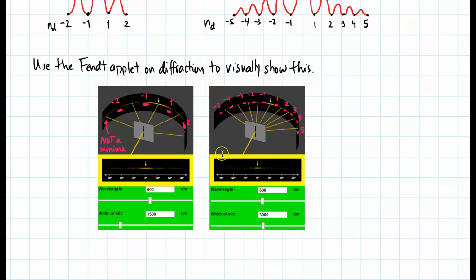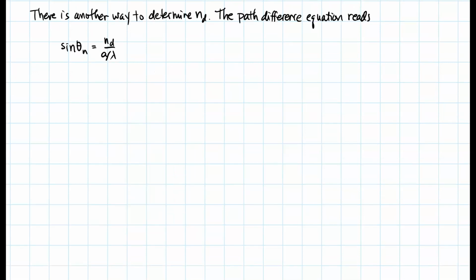So just to summarize what the applet shows, if I look at the 600 and 1500 case here, you're seeing that I get 1, 2, 1, 2. The ones at the end are not minimas, they're actually maximas. And if you look at this scenario here, we're able to count 5, where the ones at the end are minimas.